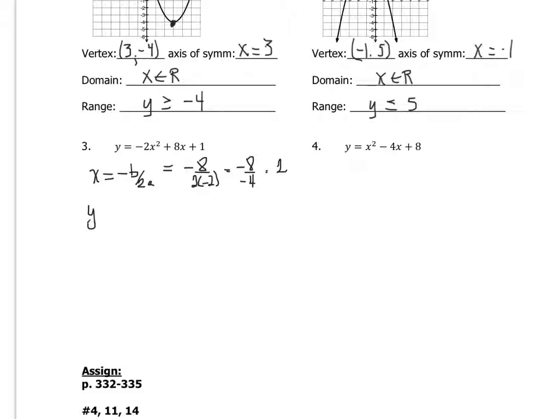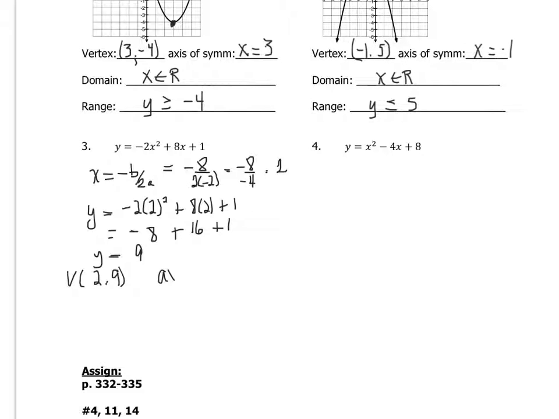So then the y coordinate, you would just plug it back into the equation. And that would give you 4 times the -2 is -8, plus 16, plus 1, which is going to be 9. So the vertex would be 2, 9.